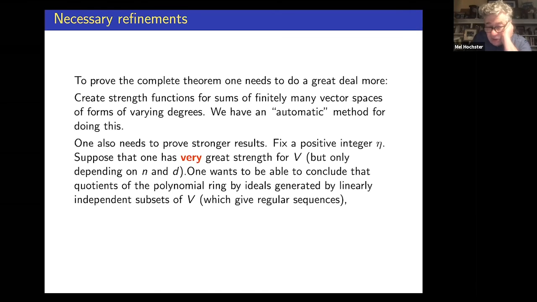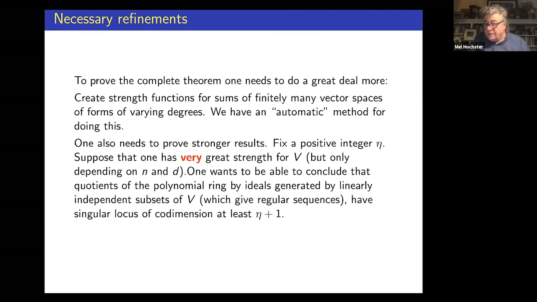I've already said you can get strength functions that do that, but you also want to control the singular locus so that it has codimension at least eta plus 1, whatever eta is. So we're not controlling the codimension of the singular locus initially.